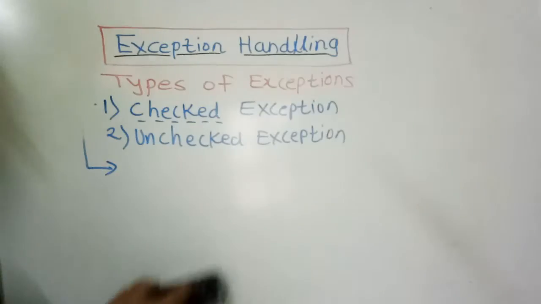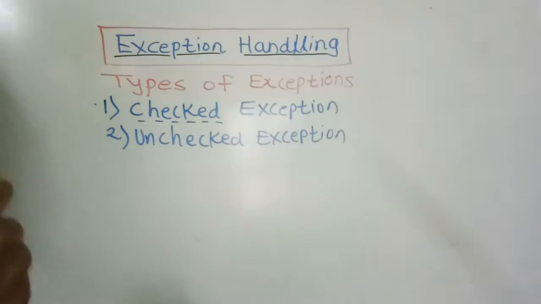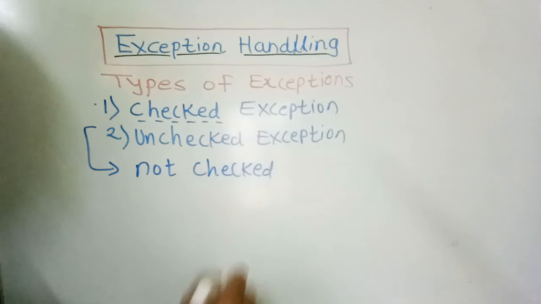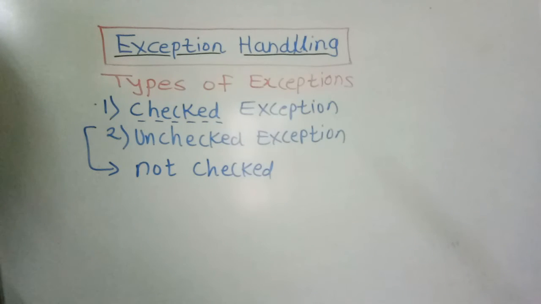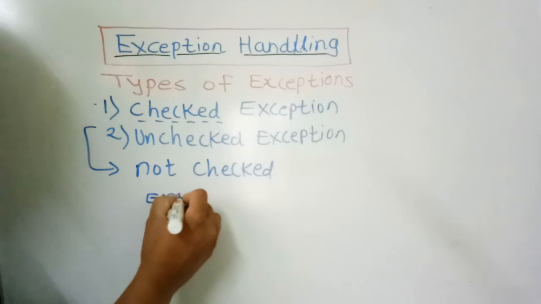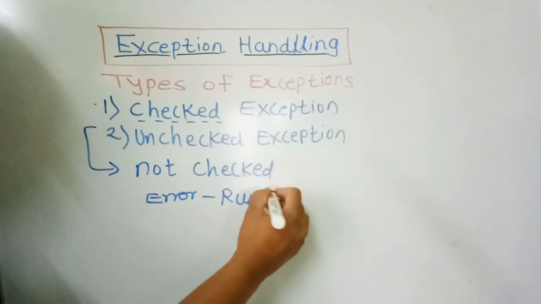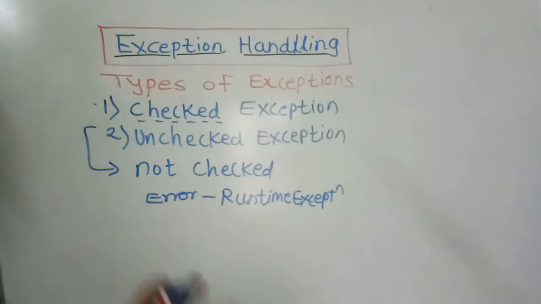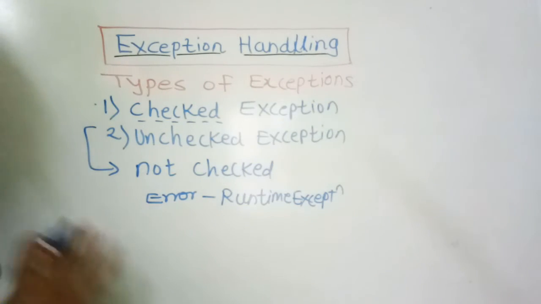Checked exceptions are previously known, and unchecked exceptions are the exceptions which are not checked at compile time, known as unchecked exceptions. Errors and runtime exception classes come under the unchecked exceptions. These are the two types of exceptions.